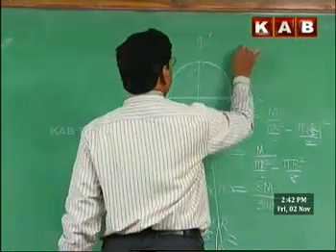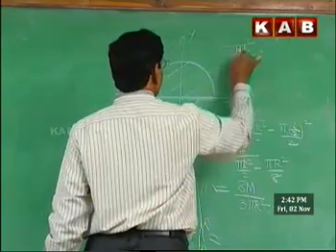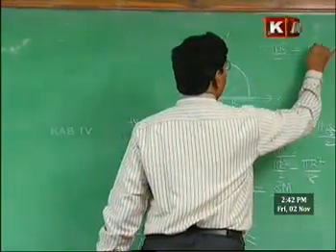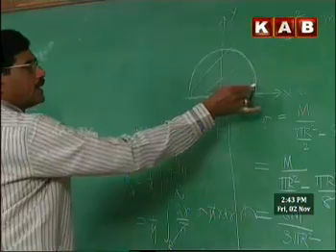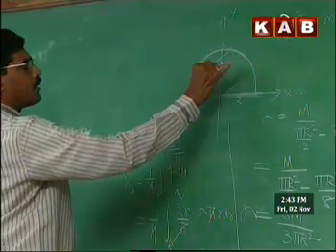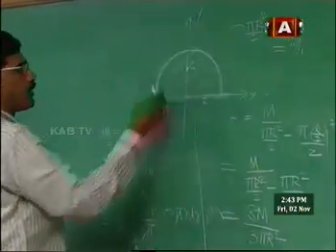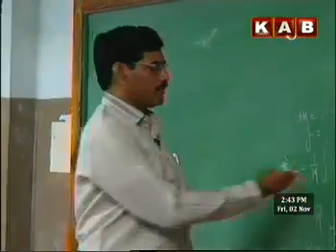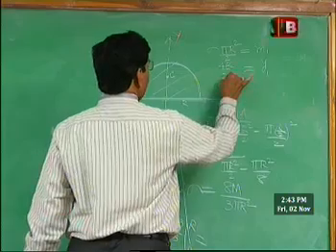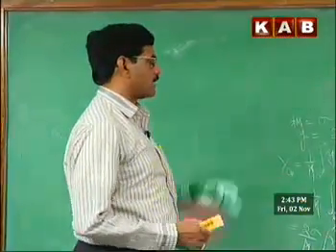Let sigma be the density, then sigma into pi r square by 2 is the mass of this disk, call it m1. Now, let the center of mass of this disk be at distance y1, because it is symmetric about the y-axis, it will be on the y-axis only. Already we have calculated 4r by 3 pi as the center of mass of the semicircular plate.